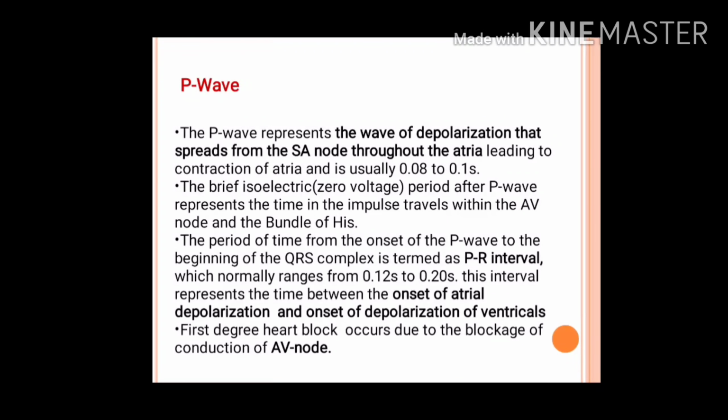Now the cells of our body, they maintain an electrical gradient on both sides of the cell. That means inside the cell we have a higher amount of electric charge, negative charge, than the exterior environment of the cell, and this difference creates a membrane potential, or we can say a resting potential, which is when the cell is at rest.